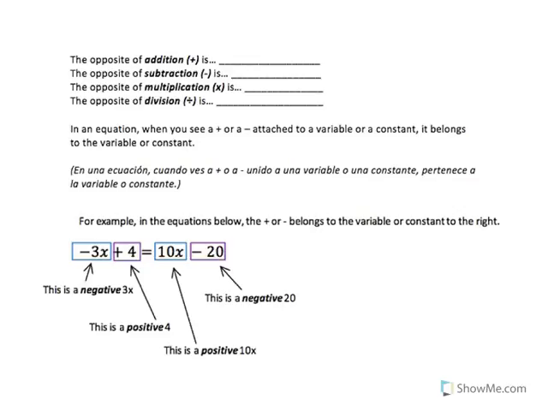So the opposite of addition is subtraction. The opposite of subtraction is addition. The opposite of multiplication is division. And the opposite of division is multiplication.